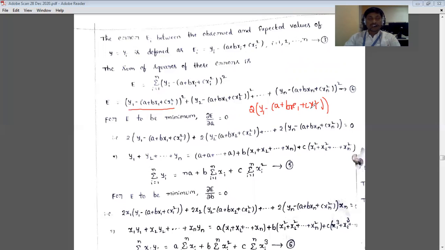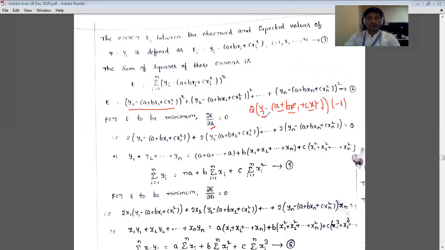So 2 minus 1 is nothing but 1. And again we need to apply the derivative of the inner term. The y1 derivative is 0, because we are applying it with respect to a. For the remaining, minus the derivative ∂/∂a of a is 1, and the rest of the elements become 0, because we are applying the partial derivative with respect to a.